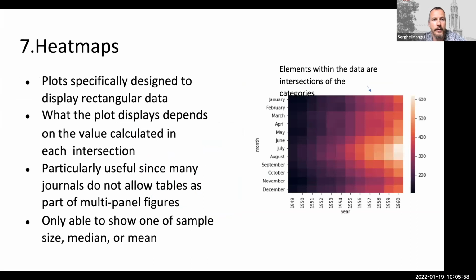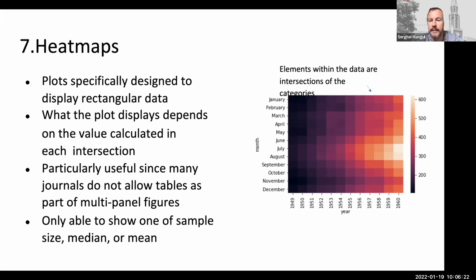Okay, so I think the last one will be the heat map, and they are the most intense in terms of the data you're displaying. That will be rectangular data. What we mean by rectangular is that we have multiple categories on the y-axis and multiple categories on the x-axis.